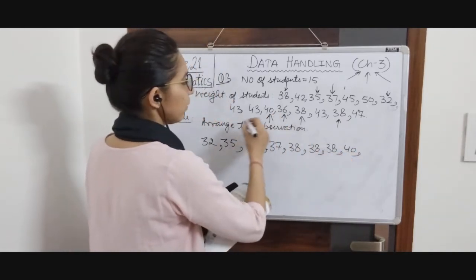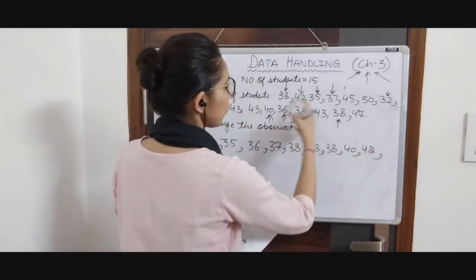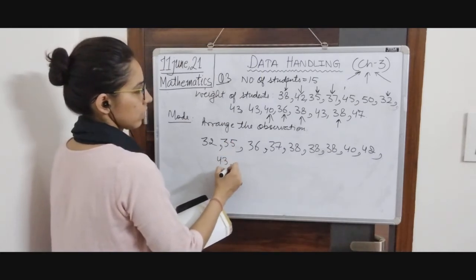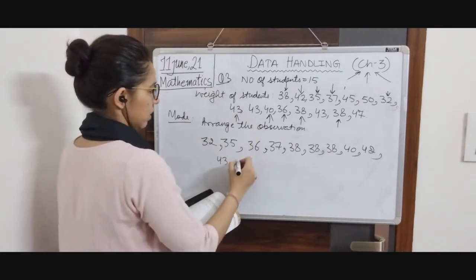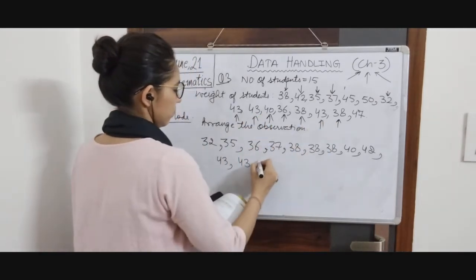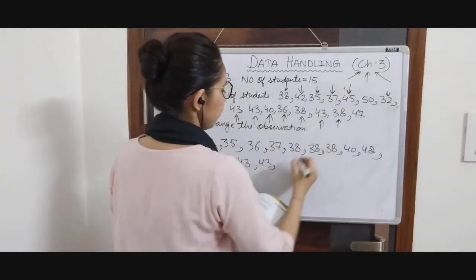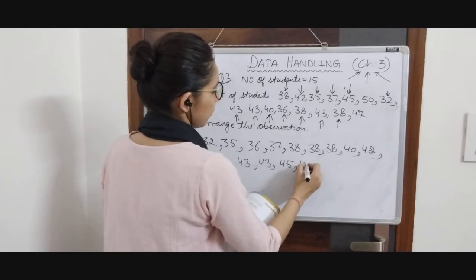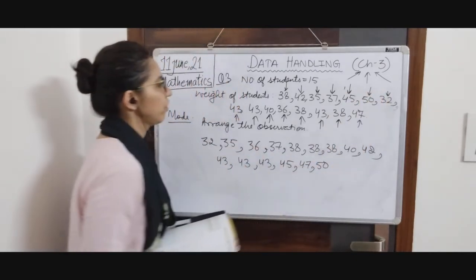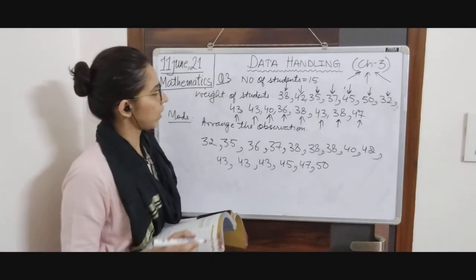After 40 we have 42. After 42 we have 43. Again 43 and again 43, 3 times 43. And we have 45, 47 and 50. Now we will count the observations to check if we have written all of them.